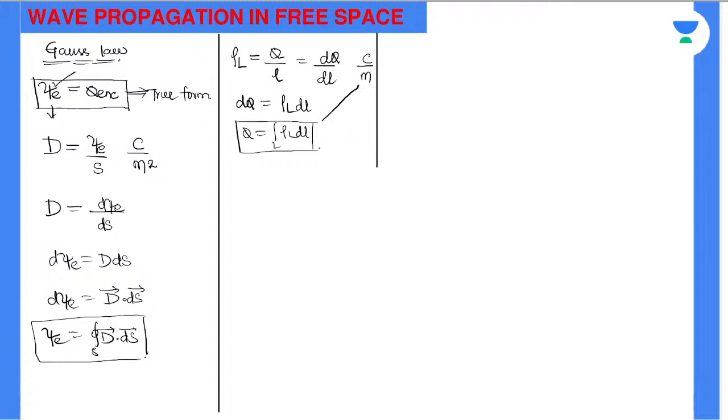This is when you are considering a line of length L carrying uniform line charge density rho L. Total charge associated is Q. Total length is L.